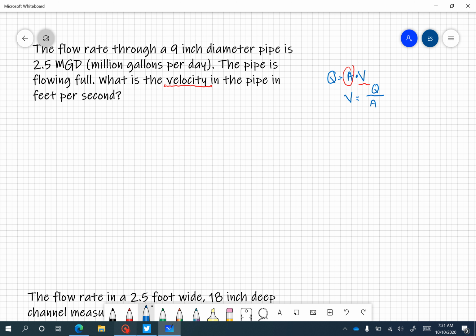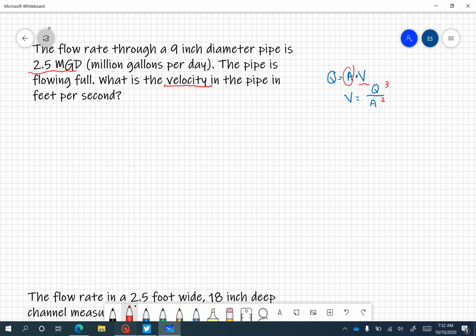Now let's think about this a little bit further. Flow rate is going to be eventually expressed in cubic feet per second, or cubic feet. We're given gallons, but we can convert that to cubic feet. And area, we know, is expressed in square feet.